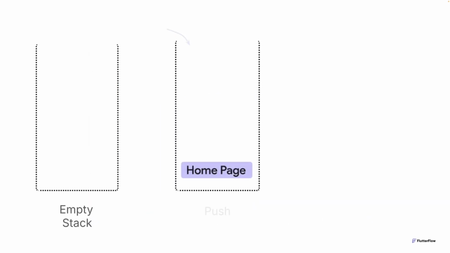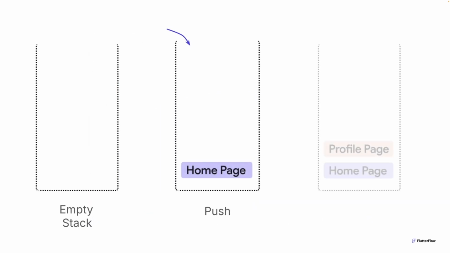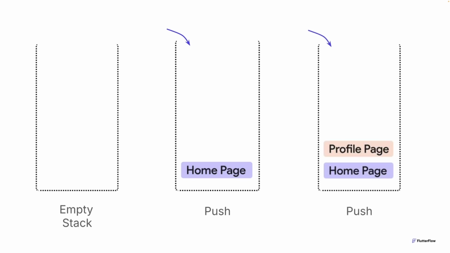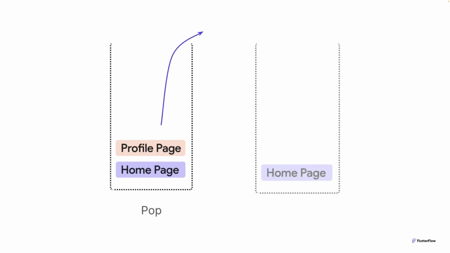When you navigate to a new screen, the route is pushed to the top of the stack. For example, if you are on the home page and navigate to the profile screen, the profile screen route is pushed to the top of the stack.